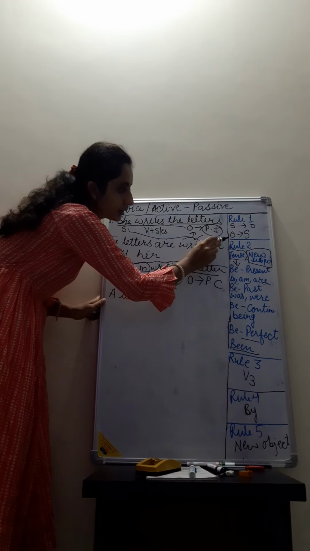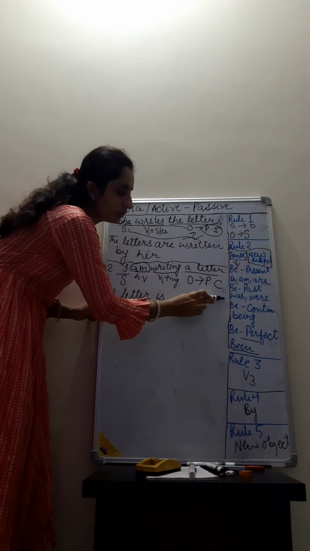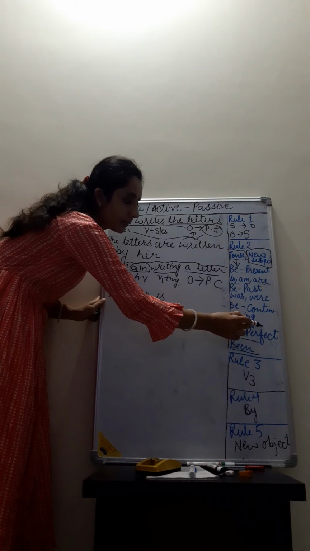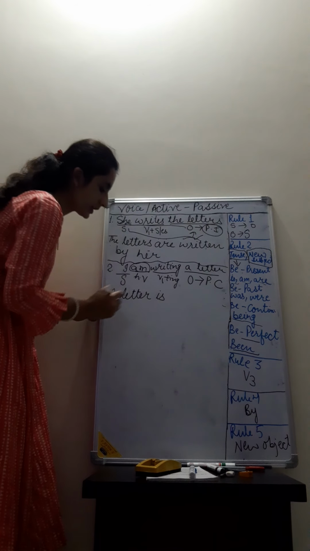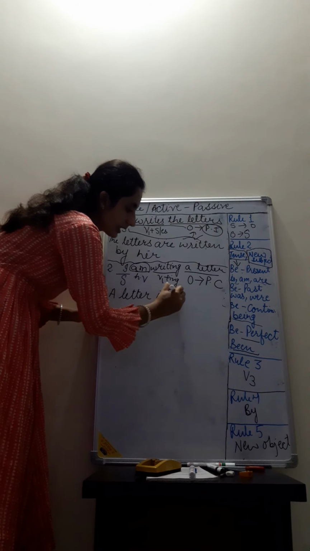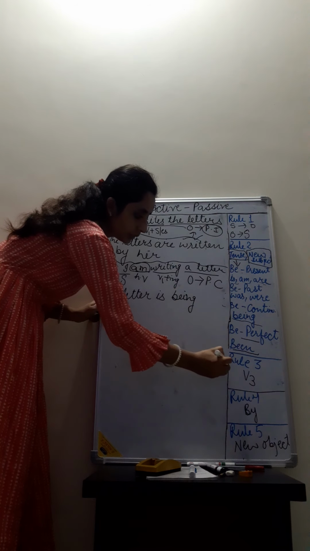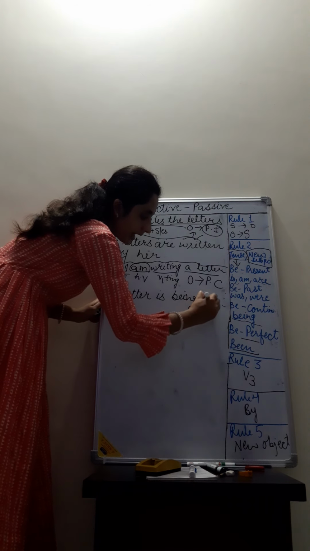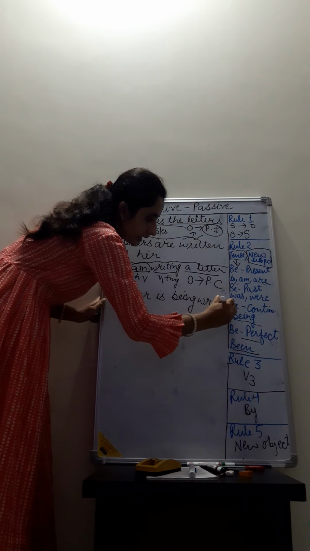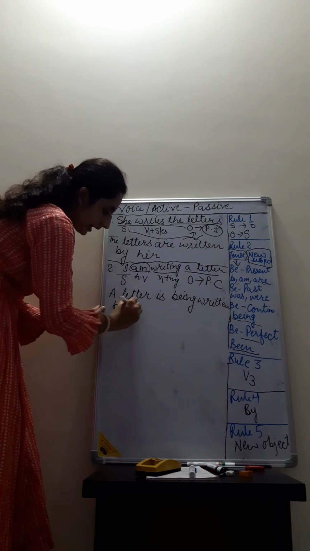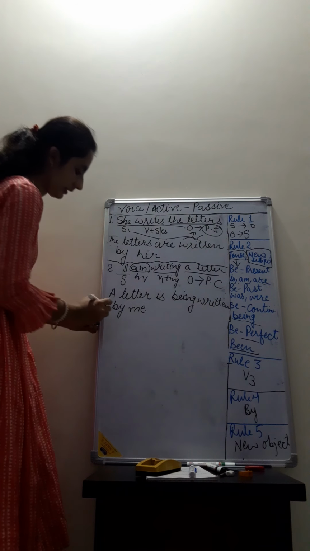So according to rule number 2, we have to choose the be form, and in continuous be form is being. So a letter is being. Then rule number 3 says we need to add verb's third form, which is written. A letter is being written by me.